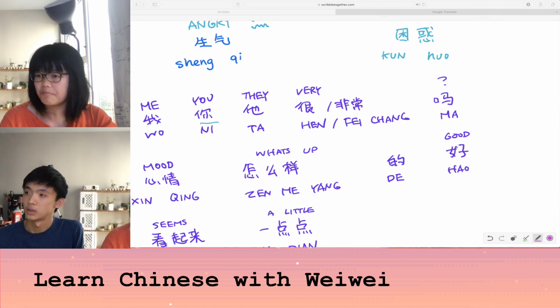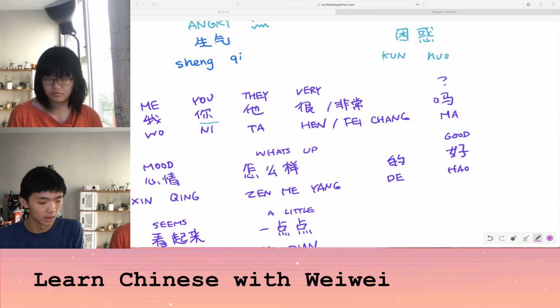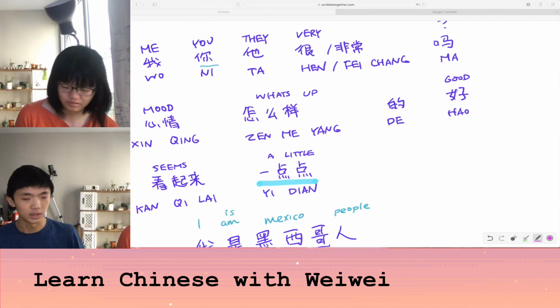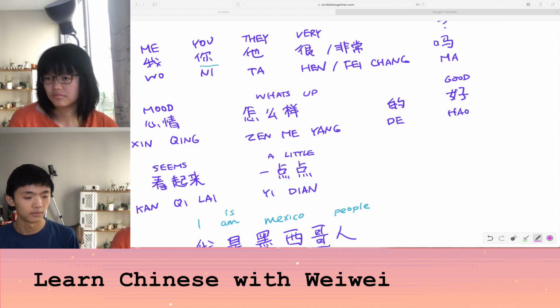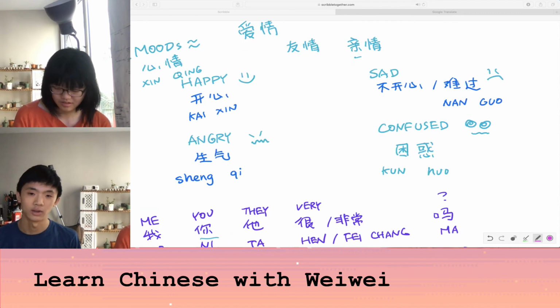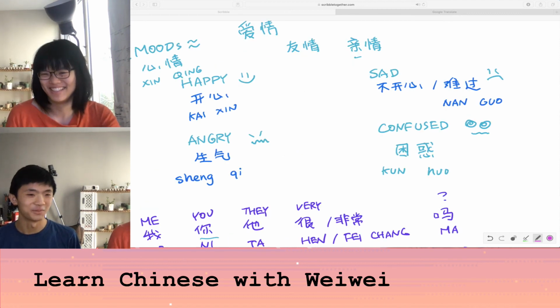You apply a quantifier to how much of something you're feeling. If it's 很, if it's 一点, 一点 is like a little bit, 一点点 is a very little bit. So you have to apply how much, like 一点点开心, 一点点不开心. I'm just a little sad, I'm just a little happy.